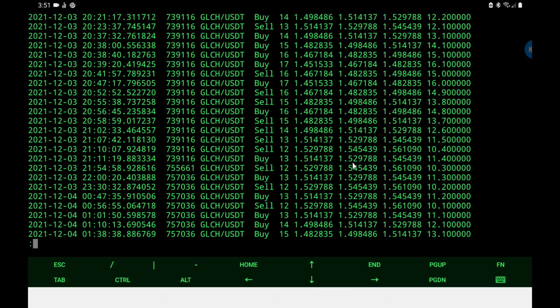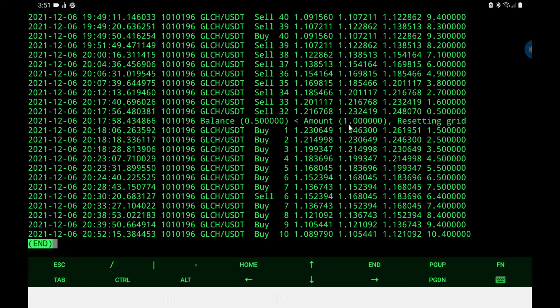So 1.7 minus 1.2, we are 50 cents below where we started. So not only did it burn off the budget, it followed the market down in a profitable way.